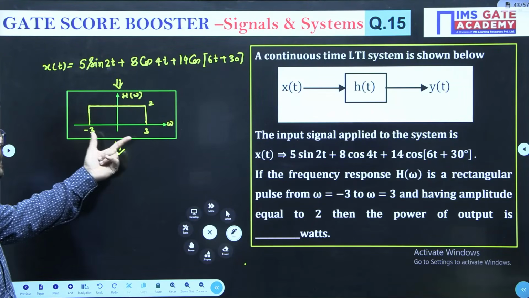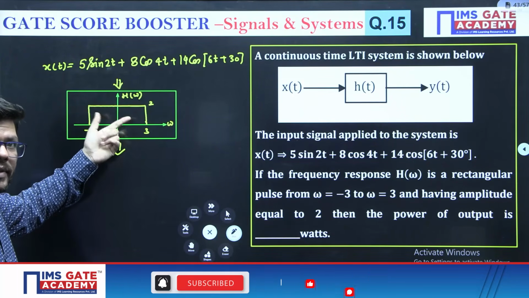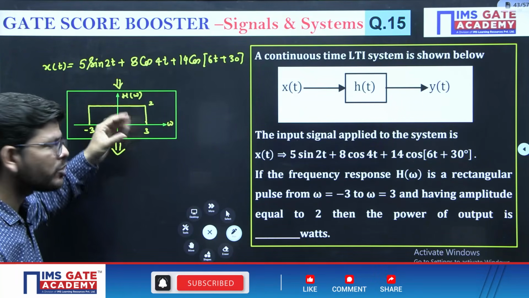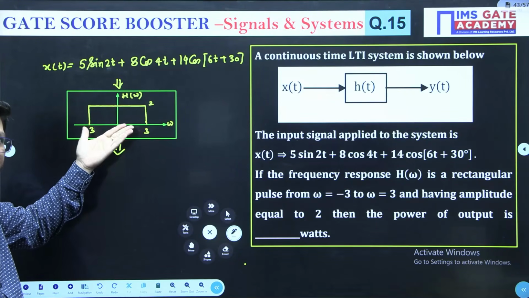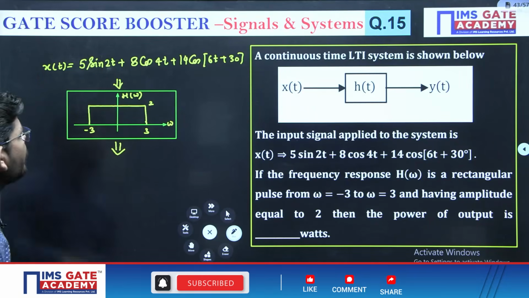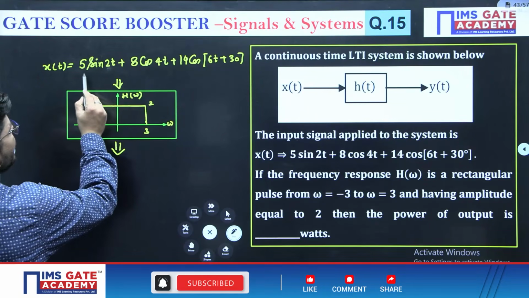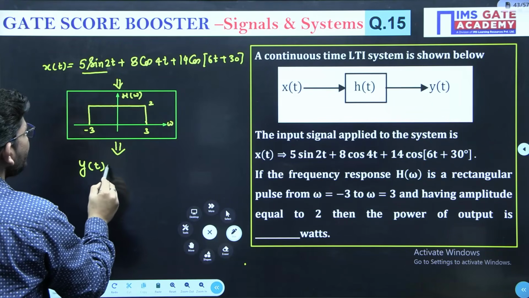In such a situation, the LTI system transfer function will be acting as a low pass filter. So only those frequencies will be passed which are equal to or less than the cutoff frequency of this filter. The frequency here is 3. So what will be passed? Only those frequencies which are less, so only this particular one will be passed. So the output y(t) will be what?